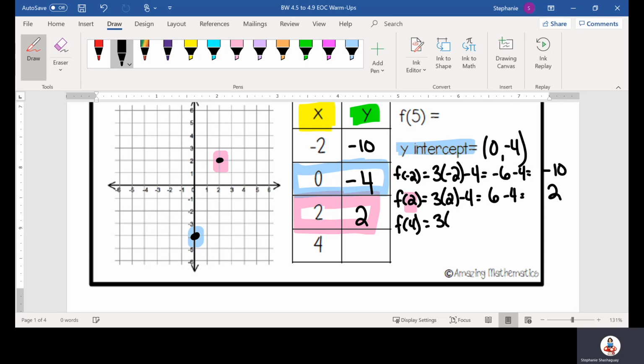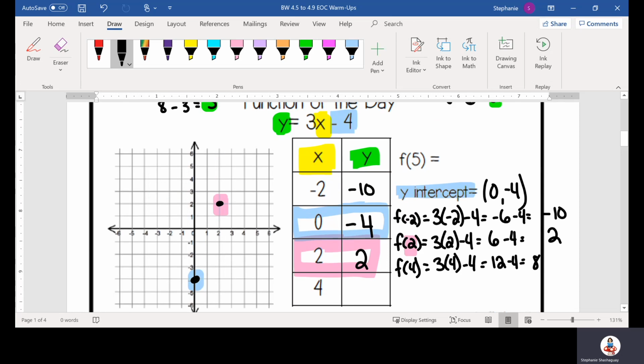And then we're going to find f of 4. So I'm going to have 3 times 4 minus 4. So that's going to be 12 minus 4, which is equal to 8. So when my input is 4, my output is 8. Again, this is not going to fit on my graph. It's going to be about up here.